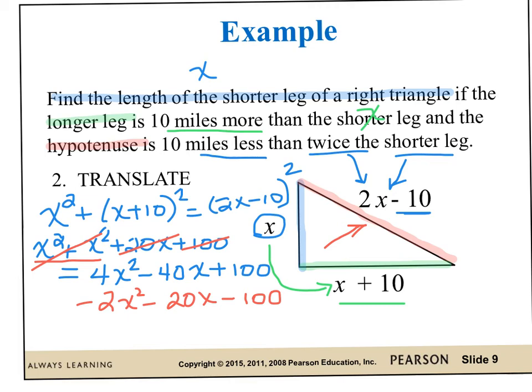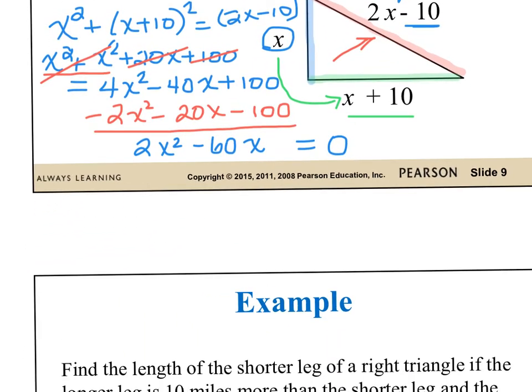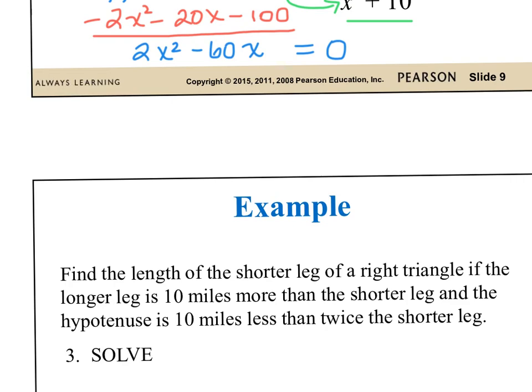And when I do that, I will wind up with a quadratic equation that is then set equal to 0. And so 4x squared minus 2x squared is 2x squared. Minus 40x plus minus 20x is minus 60x. And 100 minus 100 is 0. We don't actually even need to write that down. So I'm going to slide that up.